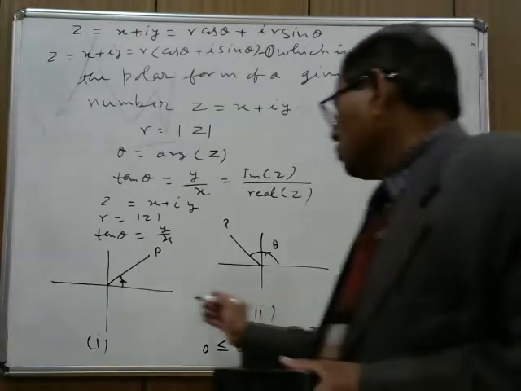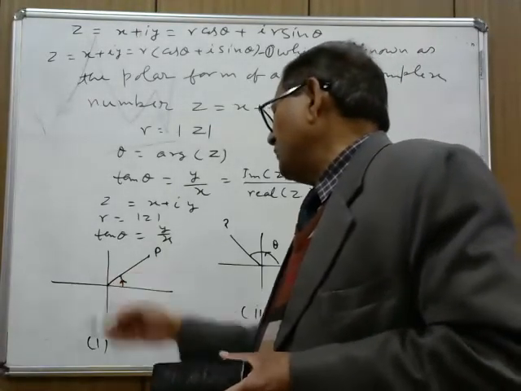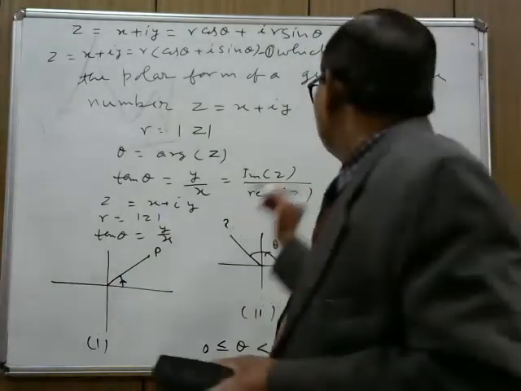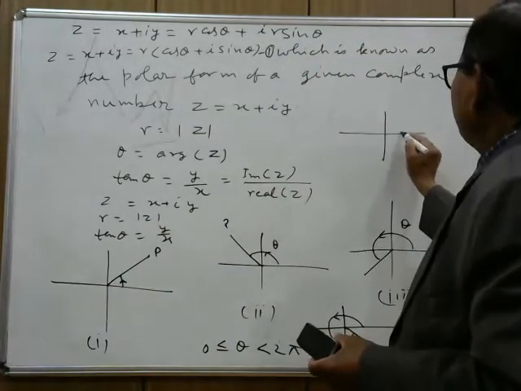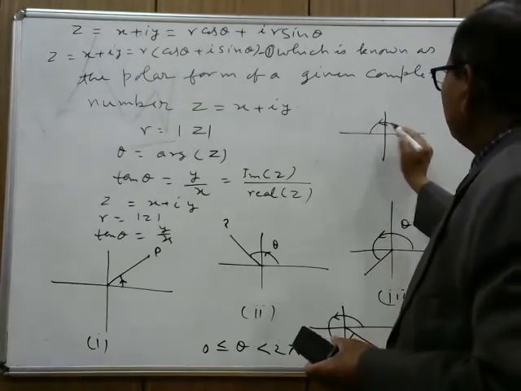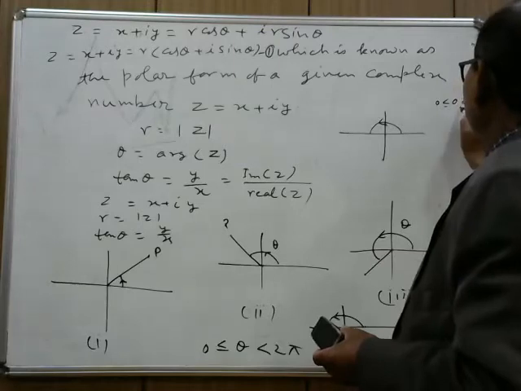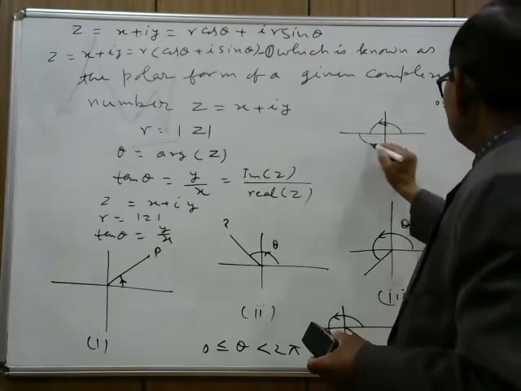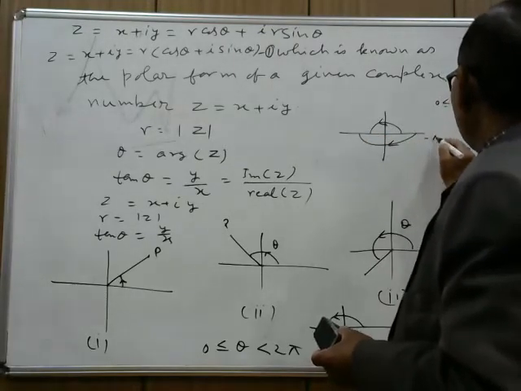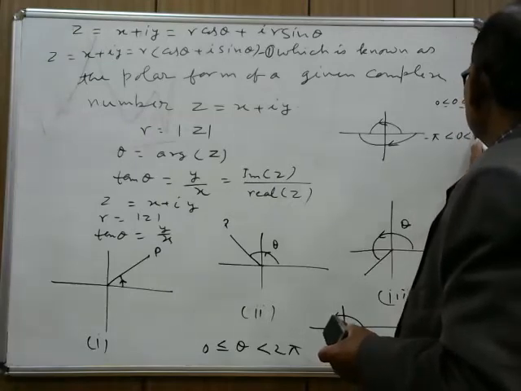For example, your x-axis divides this xy plane into two equal parts. The first part is taken from 0 to pi, and the second part is taken from minus pi to 0.